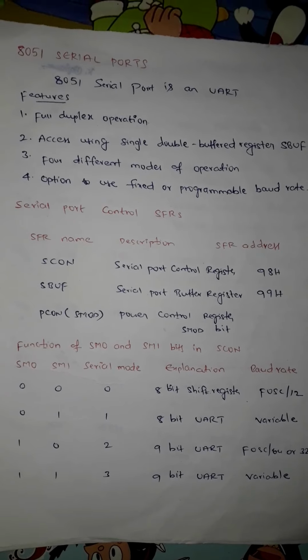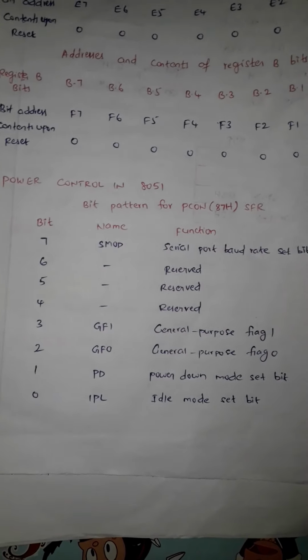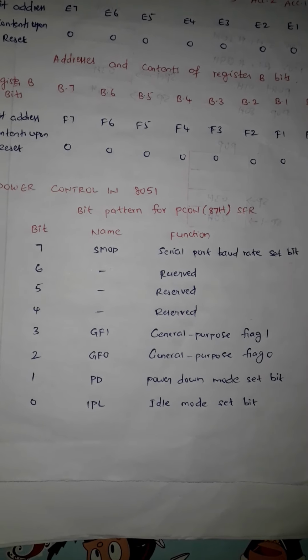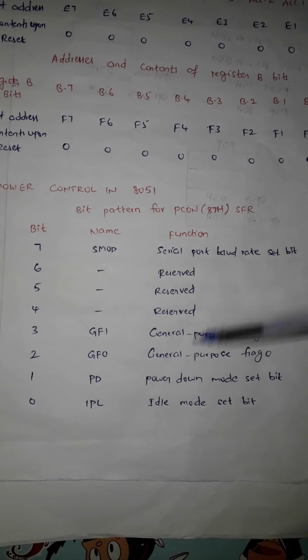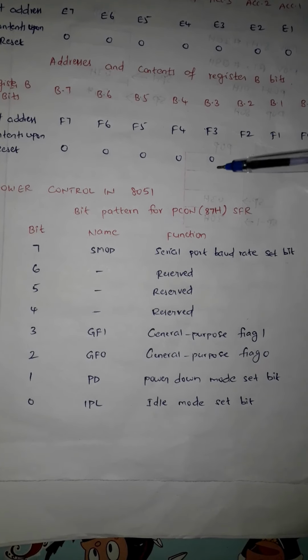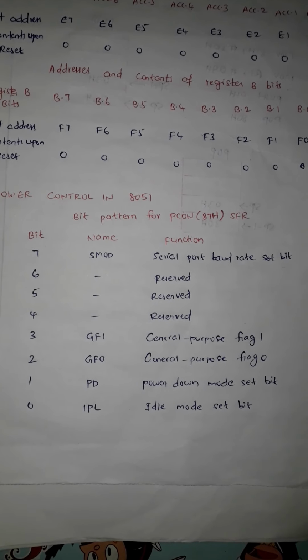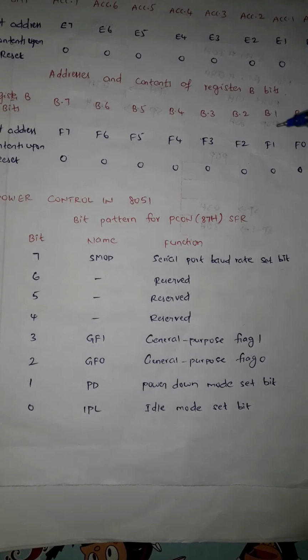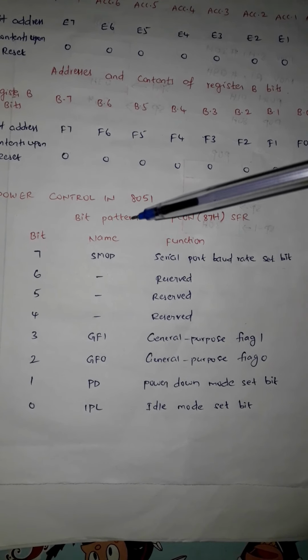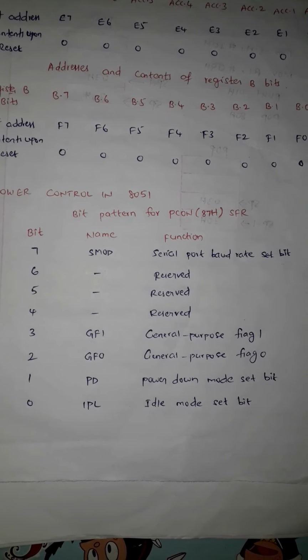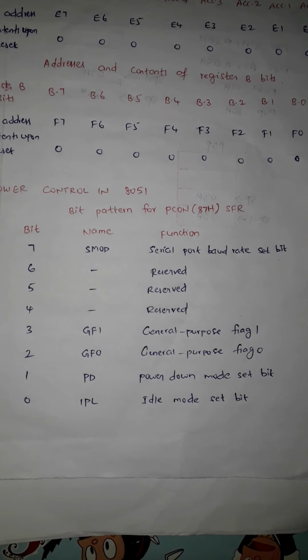If you look into the PCON register, PCON is the power control register. In that you have 8 bits, and this PCON we have already discussed in the 8051 architecture itself. So bit 7, that is the SMOD bit, is used to select the baud rate for the serial communication.